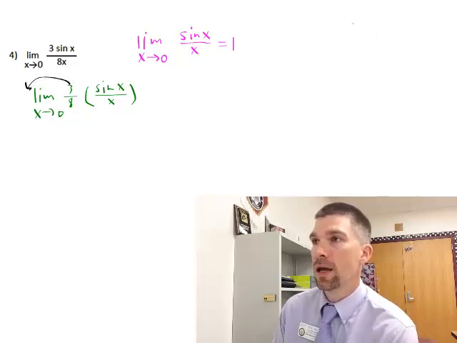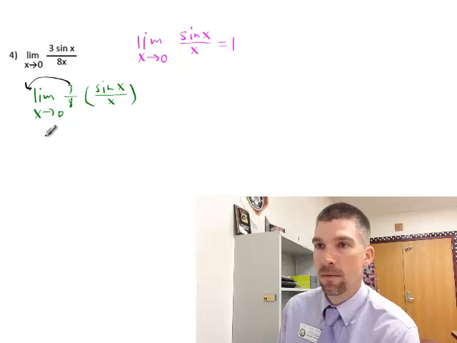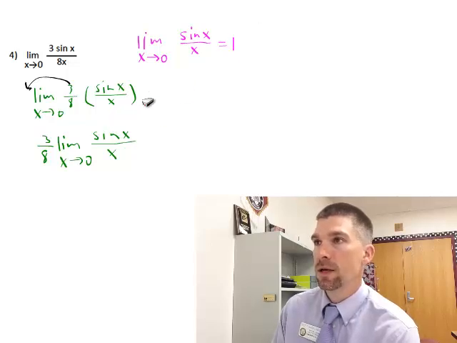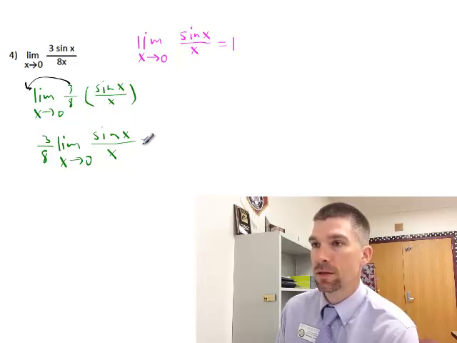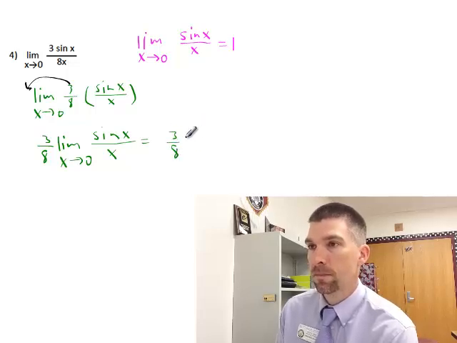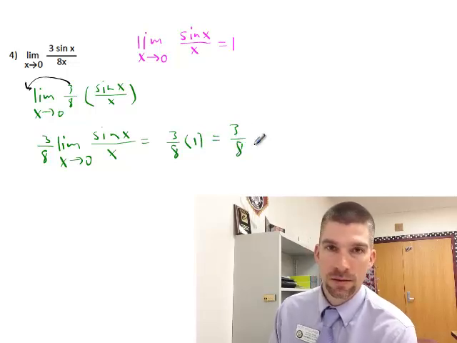So what I'm really working with is 3/8 times the limit as x approaches 0 of sine x over x. And what you're going to end up with is 3/8 times 1, which is 3/8.